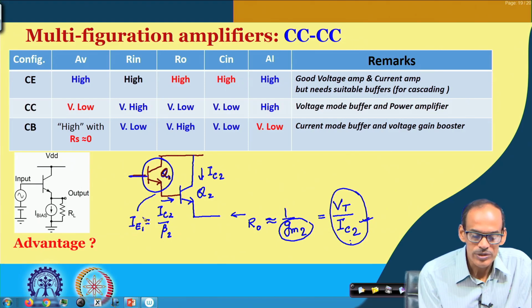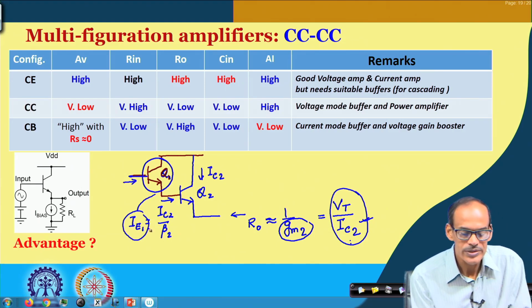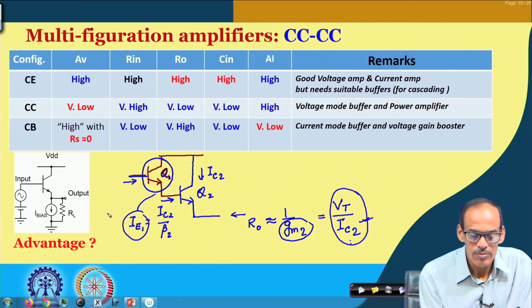And to support this, we require a base current here, which is very small, namely IE 1. So, IB equals this IE 1 divided by 1 plus beta.